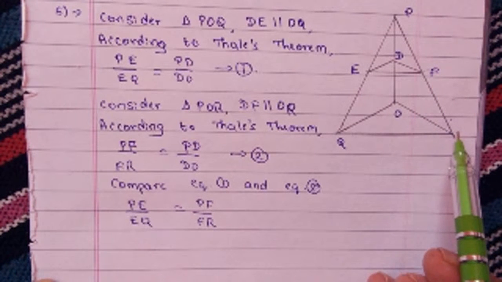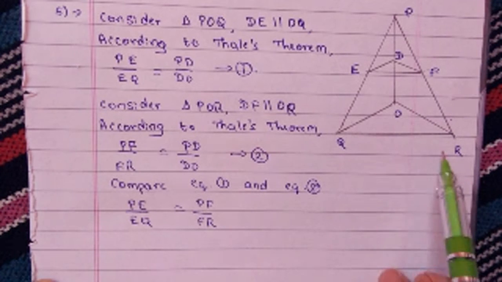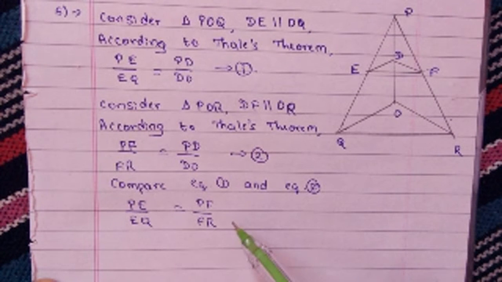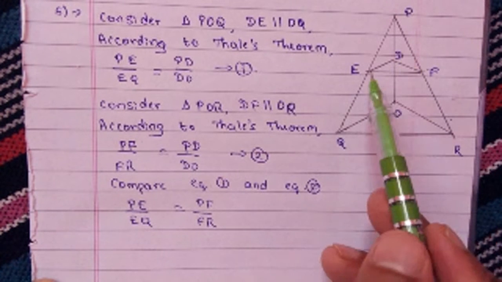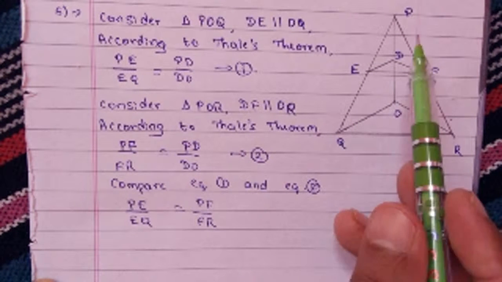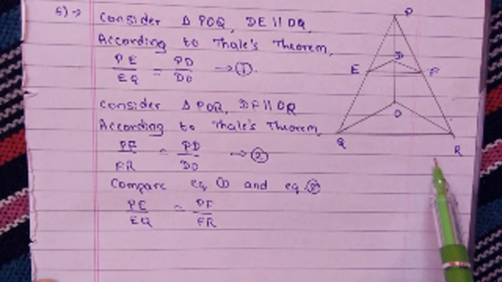When is this possible? Only when EF is parallel to QR, this statement becomes true. So by applying the converse of Thales theorem, PE divided by EQ equals PF divided by FR, in that EF is parallel to QR.